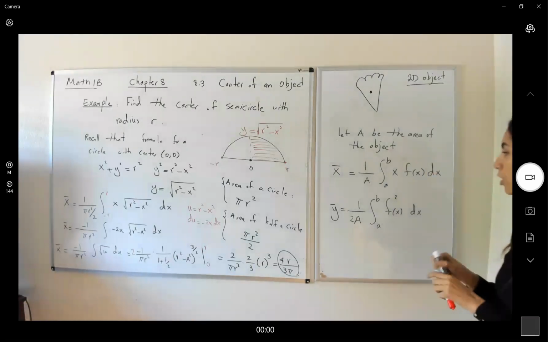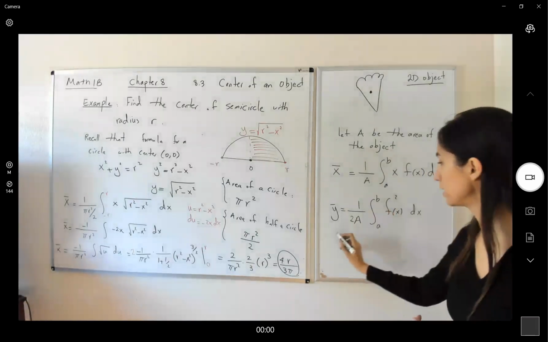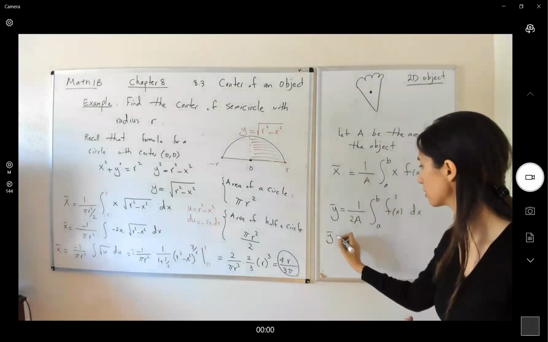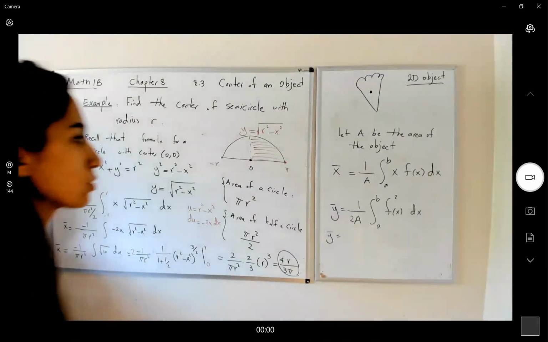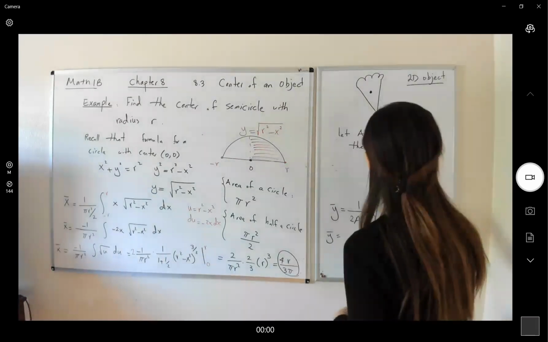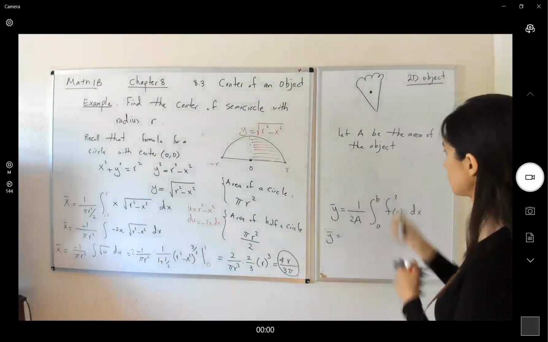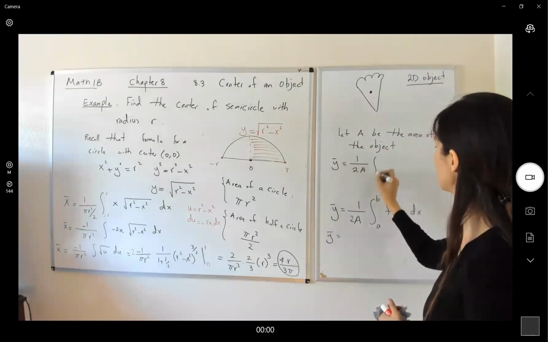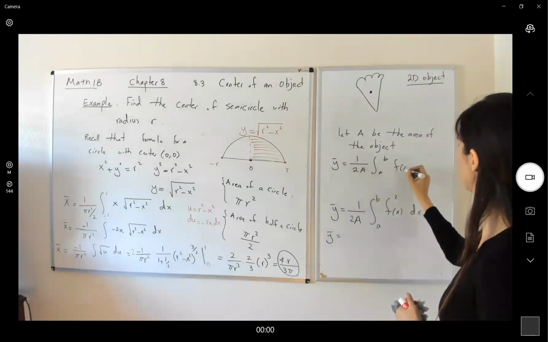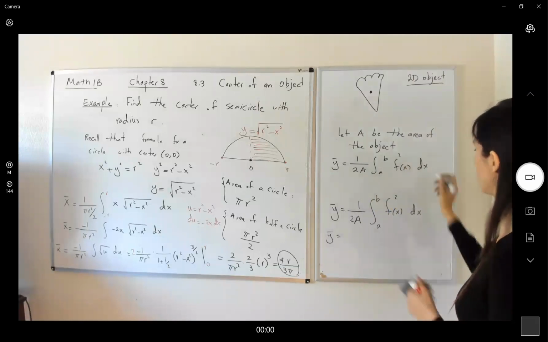Now for y bar, again we have 1 over 2a, so let me erase x bar so I have enough space to write down here. The y bar is 1 over 2a times the integral from a to b of f of x raised to the second power dx.